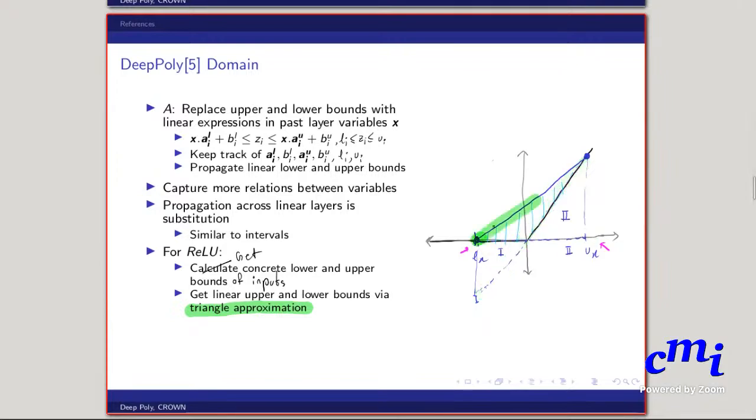So notice that if I take this upper bound and either this lower bound or this lower bound, I always get a sound linear upper and lower bound for my ReLU. Why? Because I always know that my X is in this interval. And then if I take either of these two lines, they sandwich this ReLU curve, or these two lines, they also sandwich this ReLU curve, right? So both of these are actually valid choices for me, right?